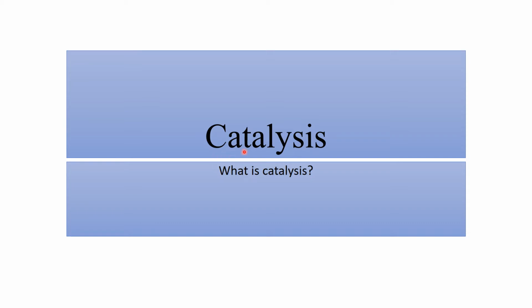Catalysis. You all know what is a catalyst and what is catalysis. Catalysis was first employed by Berzelius in 1836 to identify a new entity capable of promoting the occurrence of chemical reaction by a catalytic contact.